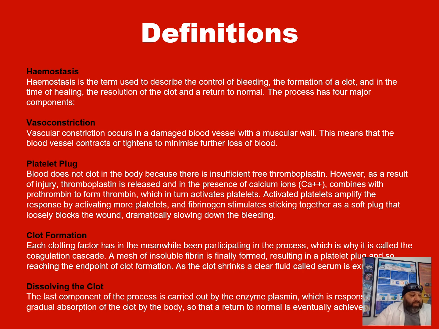Hemostasis is a terminology used to describe the control of bleeding, the formation of a blood clot, and in the time of healing, the resolution of the blood clot and a return to normal.